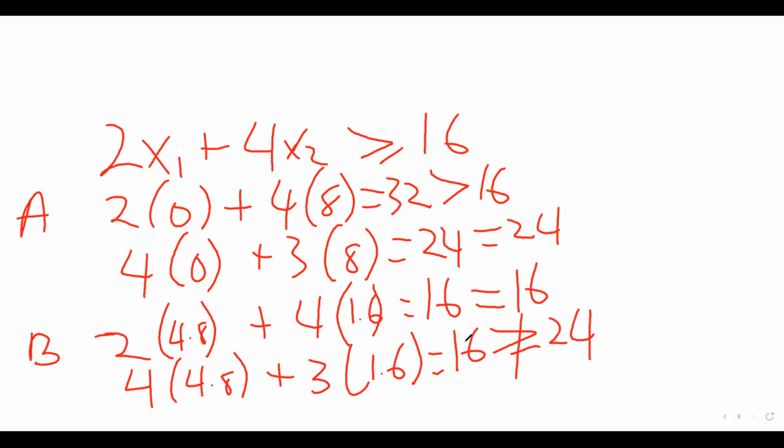So the second constraint, the phosphate constraint, is not satisfied. It is supposed to be 24 or more, but unfortunately, it is less than 24. So no wonder B did not give us optimum solution. But like I said, it's not always the case. Let's go to the last one, point C.